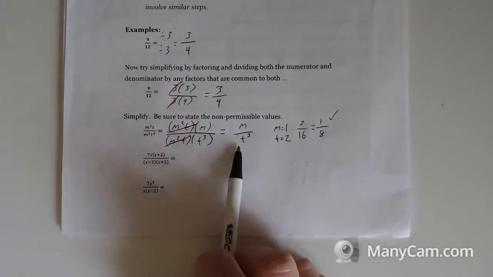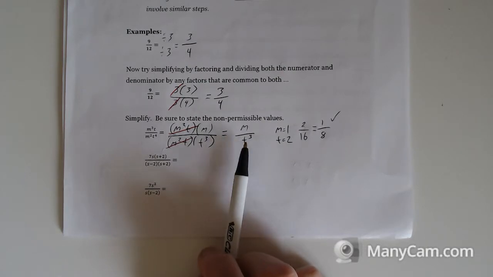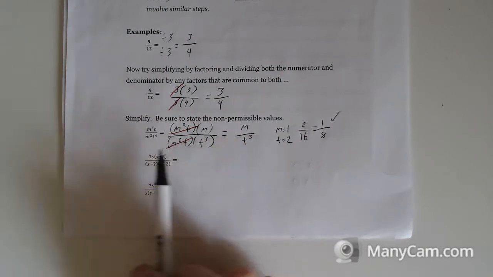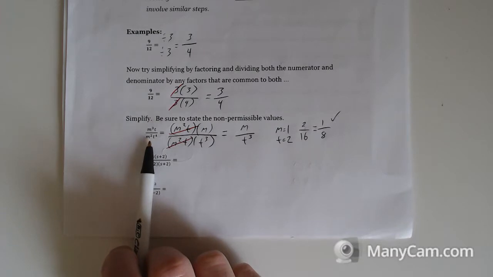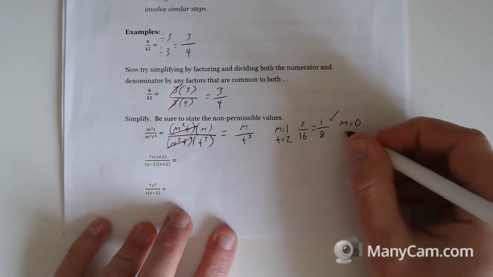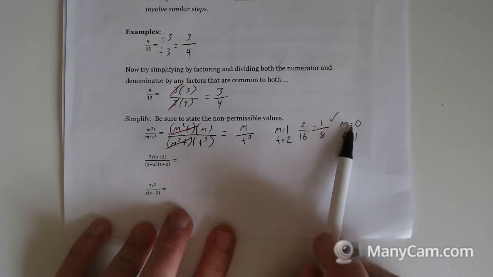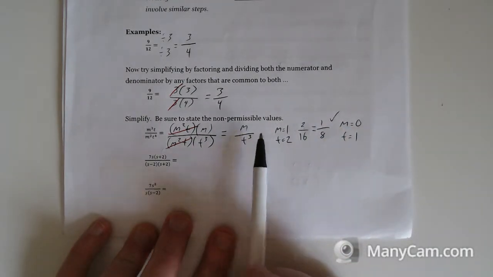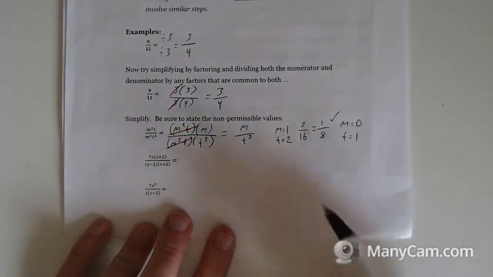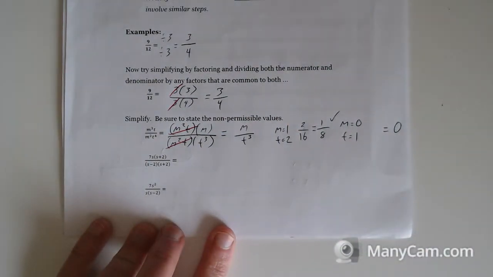So this one is nice, and it's simpler, but there's one exception. There's one reason why this is not the exact same expression as this one. And that is, what if m is equal to 0 and t is equal to 1, or something like this? This is just going to highlight the point. In my new expression, this is going to be 0 over 1, which equals 0.